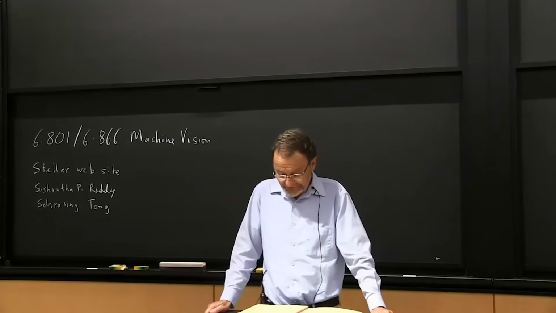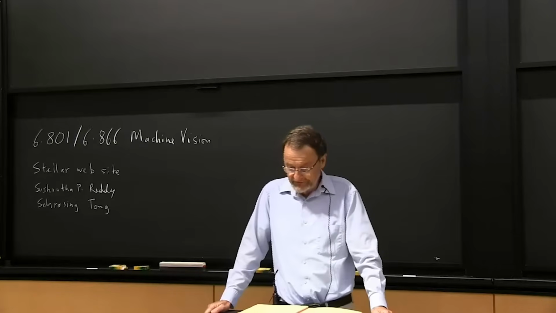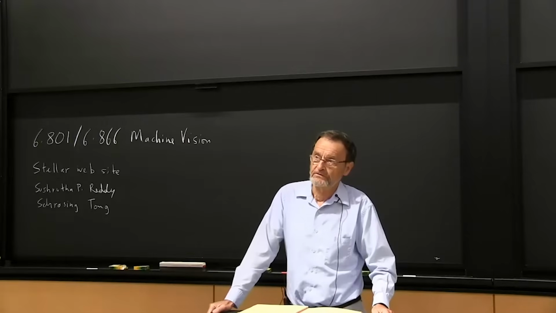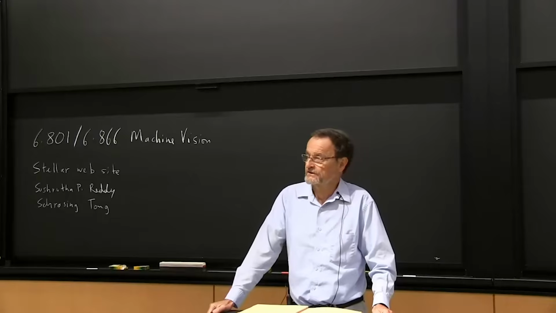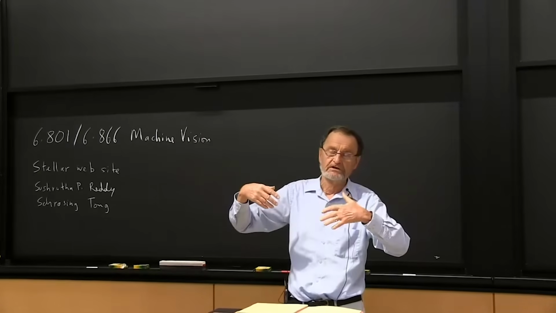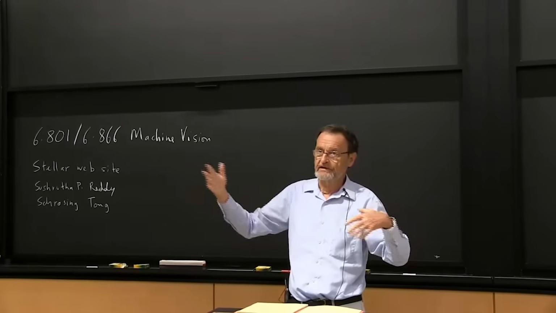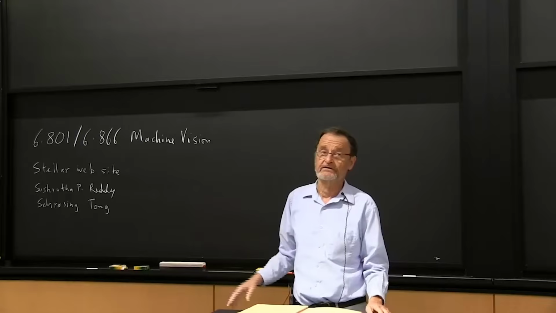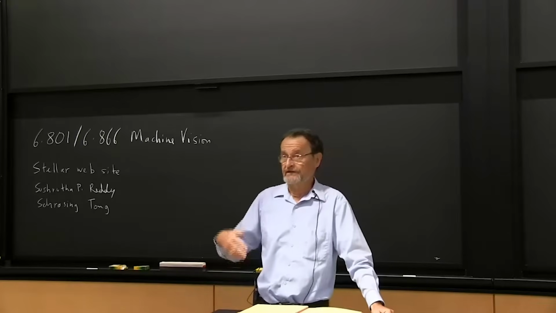Outcomes. You'll understand what's now called physics-based machine vision. So the approach we're going to take is pretty much, there are light rays, they bounce off surfaces, they form an image, and that's physics: rays, lenses, power per unit area, that kind of stuff. And from that, we can write down equations.